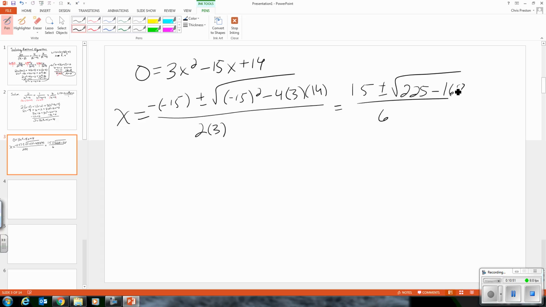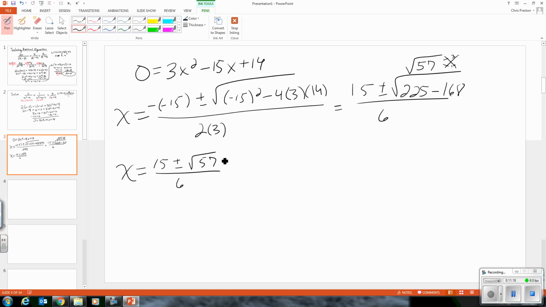So subtract those, you get square root of 57, which I think 3 goes into there, but 19 times. So that's not going to break down. So this answer is x equals 15 plus or minus the square root of 57 over 6. Those are our two solutions to this problem.